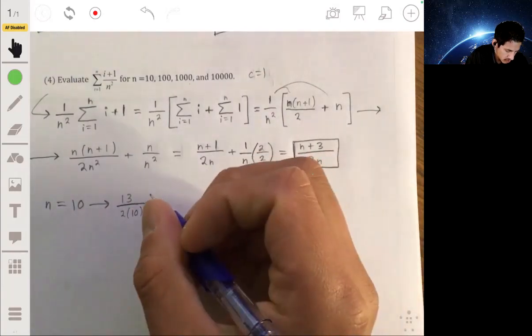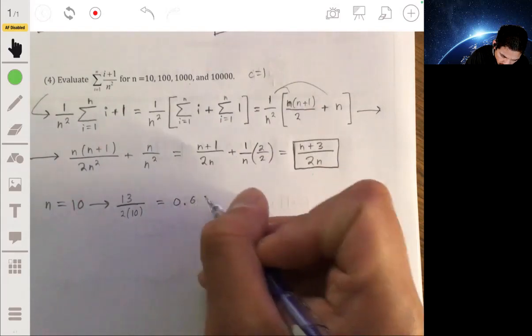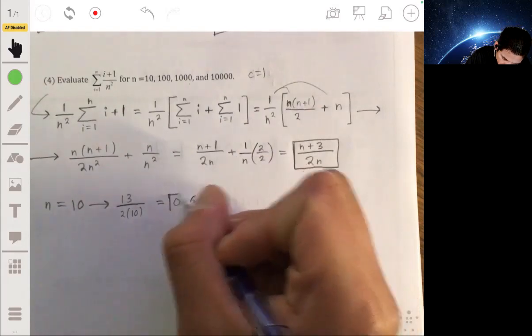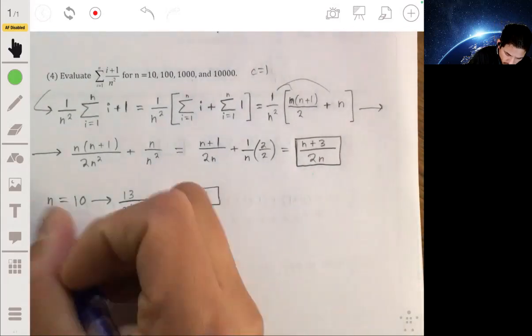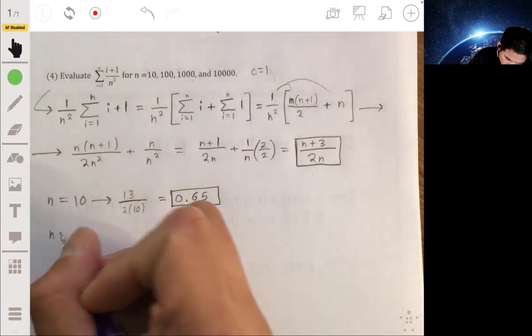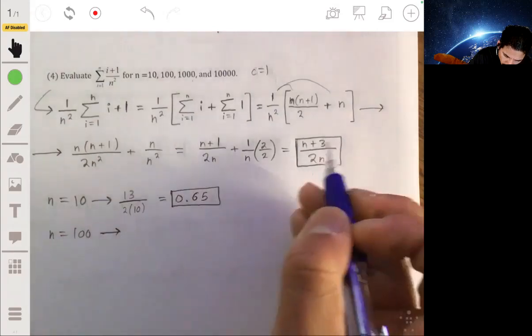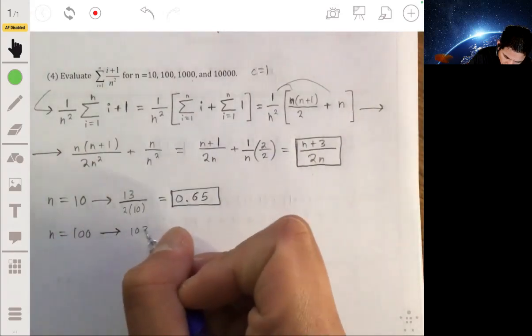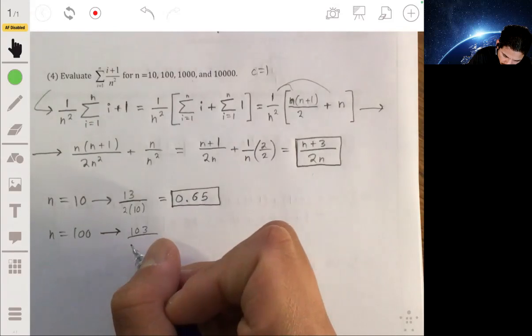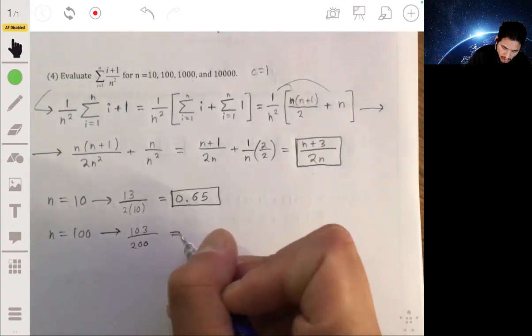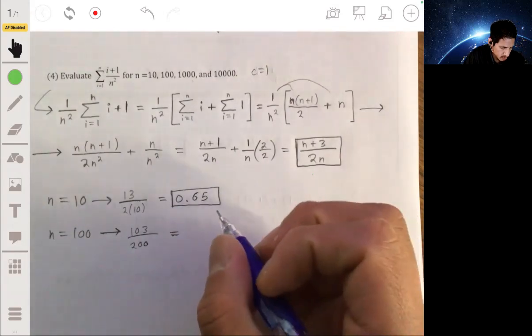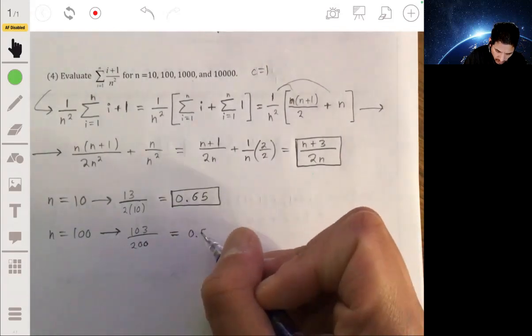So 13 over 20, I'll get 0.65 for that. If I plug in n equals 100, 100 plus 3, so I get 103 over 2 times 100, over 200. That will simplify to 0.515.